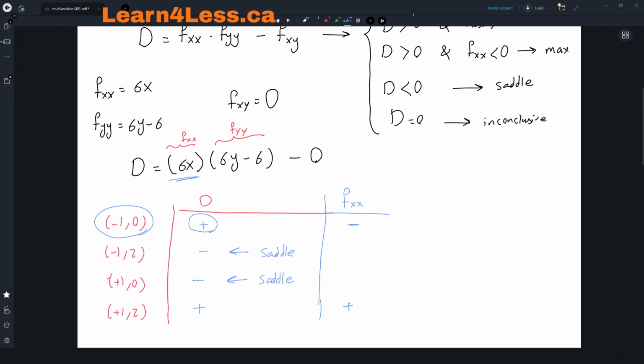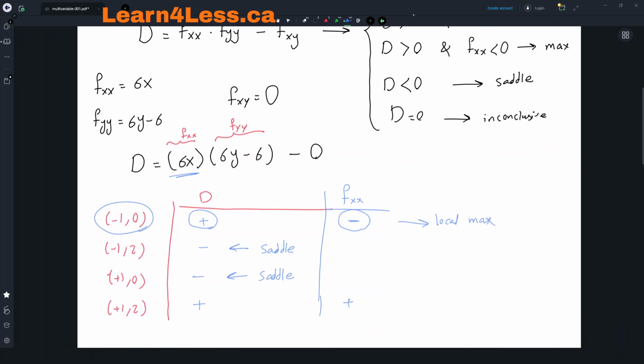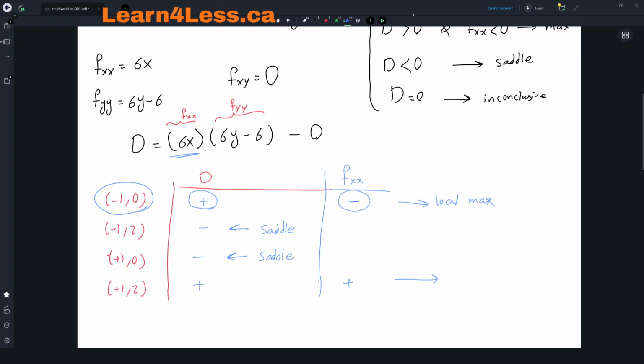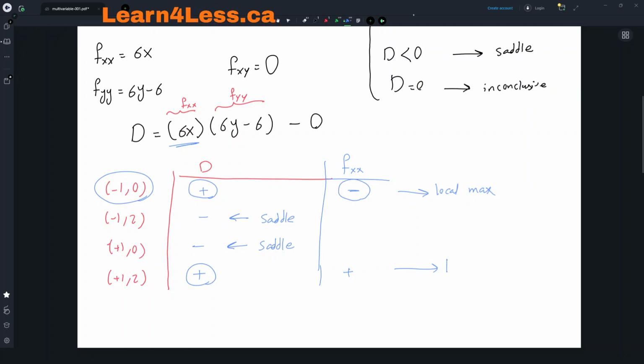Because the discriminant is positive and fxx is negative, I'm dealing with this case, which means I have a maximum. I just write local max. And for this one, because the discriminant is positive and fxx is also positive, I have a local minimum.